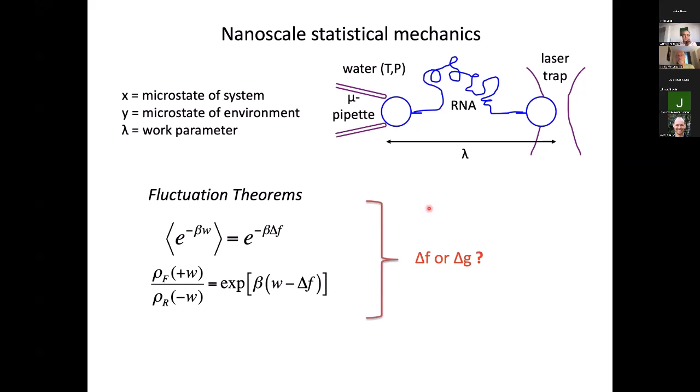And what's worse, nobody seems to be bothered by this, that sometimes we use delta F, sometimes delta G. It's almost like the community can't decide which is which. And we should expect from macroscopic thermodynamics that there genuinely is a difference between delta F and delta G.